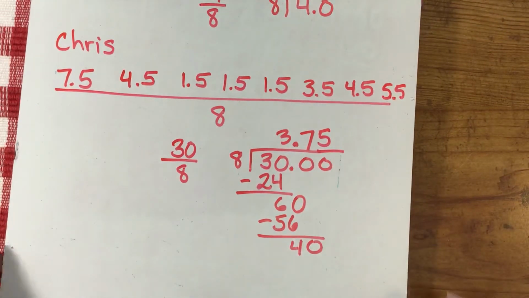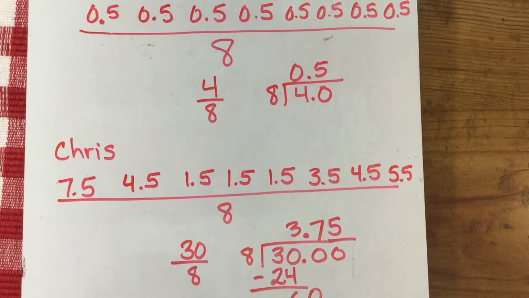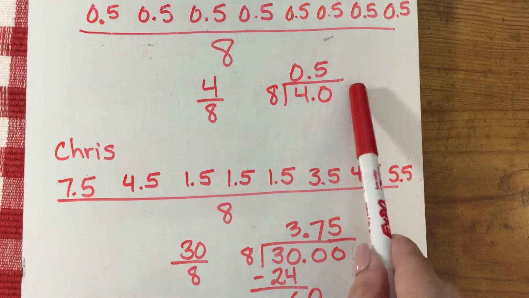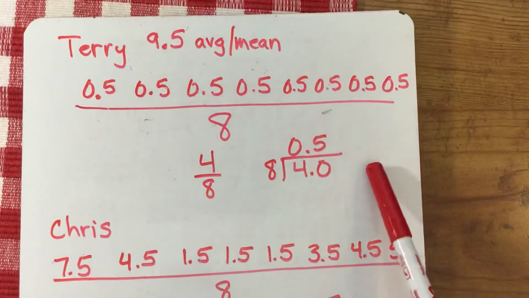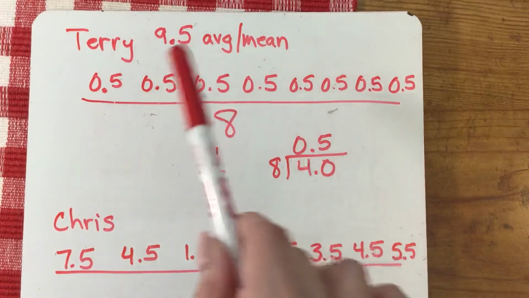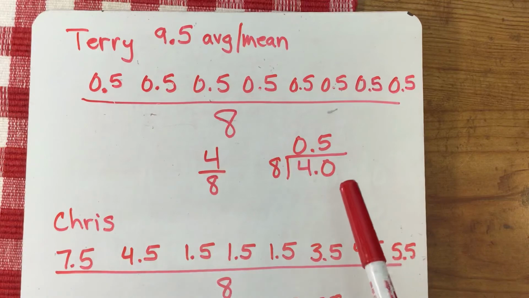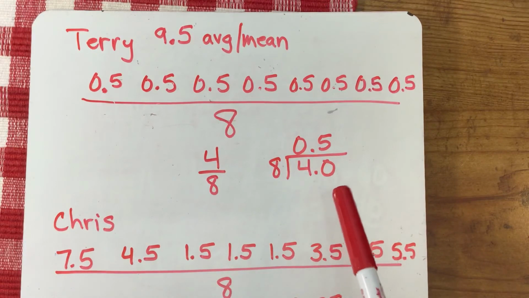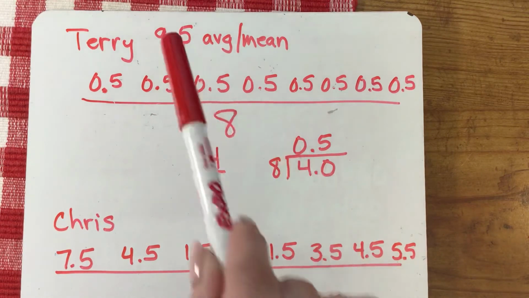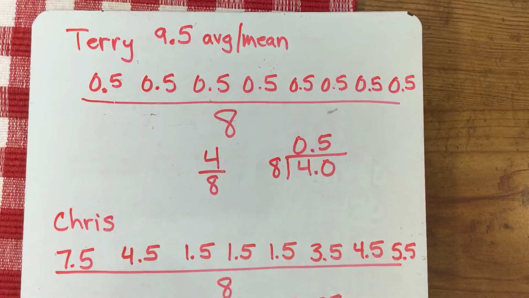Okay, so basically what this is saying is that Terry's mean of deviation, 0.5, is closer to the average. In other words, on most of her scores, in fact all of her scores, she was 0.5 points away from her average.